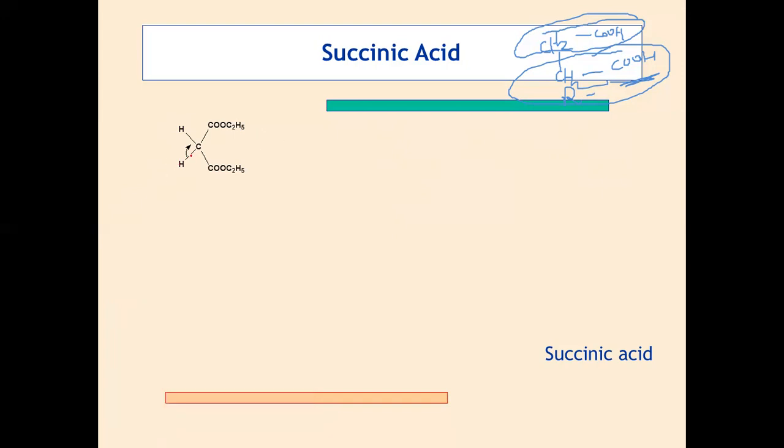So what is the step first, abstraction of this proton. यहाँ पे एक प्रोटॉन को स्ट्रॉन्ग बेस, सोडियम अल्कोक्साइड, एक्सट्रैक्ट करता है. ये सोडियम अल्कोक्साइड स्ट्रॉन्ग बेस यहाँ से प्रोटॉन रिमूव करता है और ये बॉन्ड कार्बन की तरफ जाके कार्बन के पास नेगेटिव चार्ज तैयार होता है. So there is a formation of a carbanion.